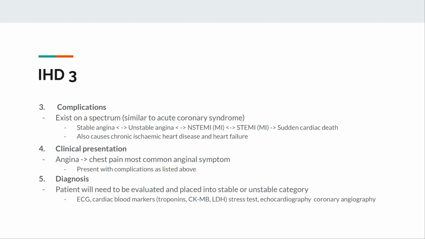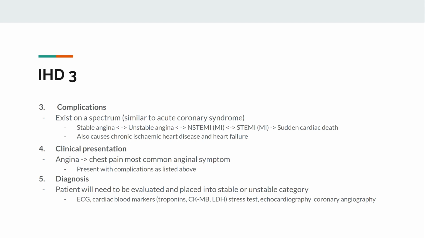Ischemic heart disease also causes chronic ischemic heart disease, obviously if this is left untreated for a while, and it can also cause heart failure. So it all exists on that spectrum. In terms of clinical presentation, there's a lot that a patient can present with, but it's angina that you really need to know for your exams and also for clinical medicine.